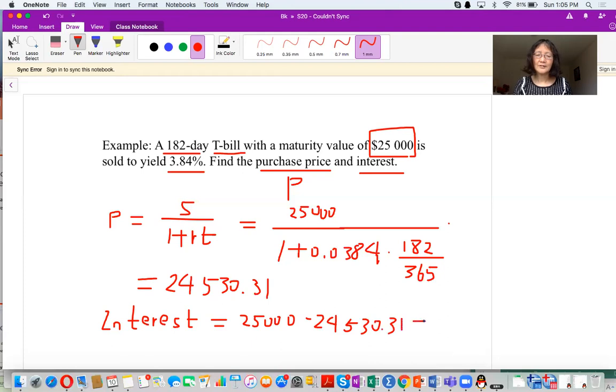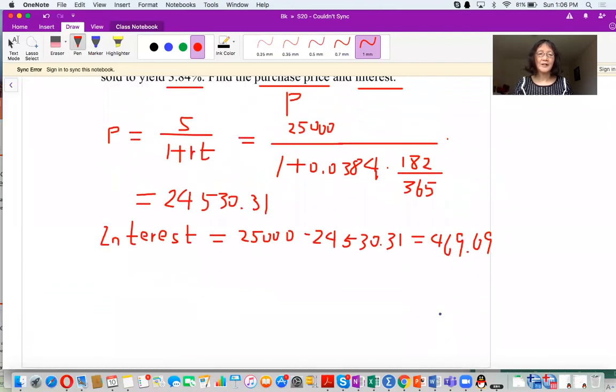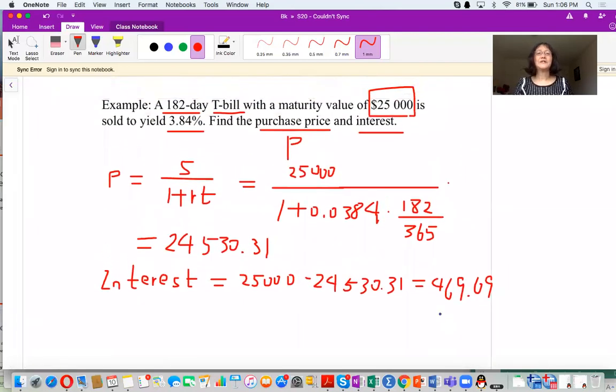And you end up the interest is $469.69. Okay, so that is the Treasury bills calculation. So that is the application of simple interest. We give you some examples.